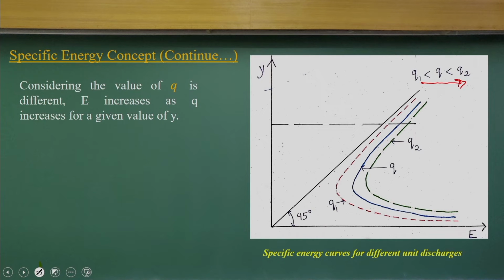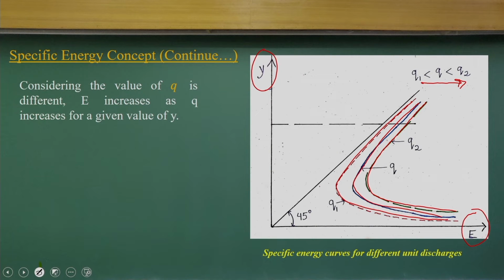If you draw the specific energy curve, with the same equations, and consider the different q values, q2 will follow this curve, q will follow this curve, and q1 will follow this curve. This is the relationship in E and Y space.